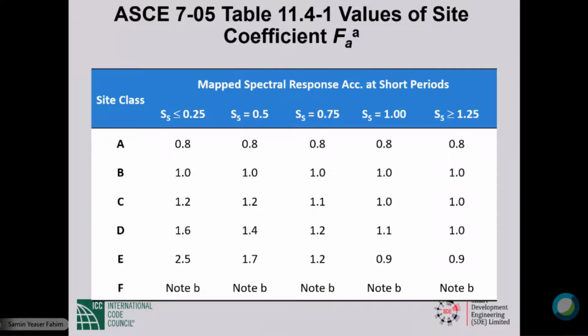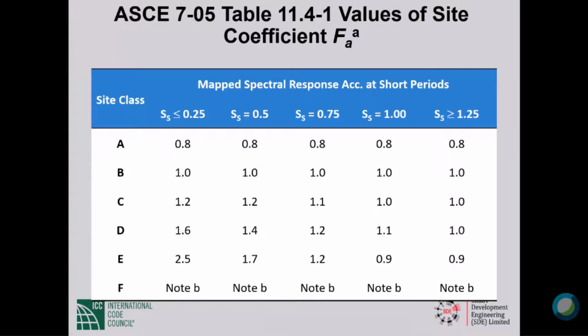That's where the site coefficients come in. AC 705 has two site coefficients, F sub A, the short period site coefficient, with which we modify the short period ground motion parameter S sub S, and then the long period site coefficient F sub V, with which we amplify the long period ground motion parameter S sub 1.